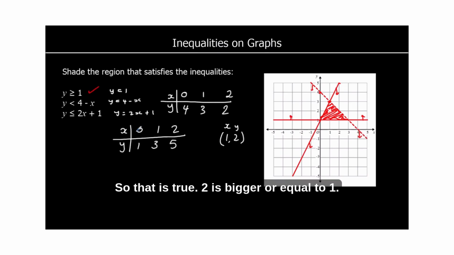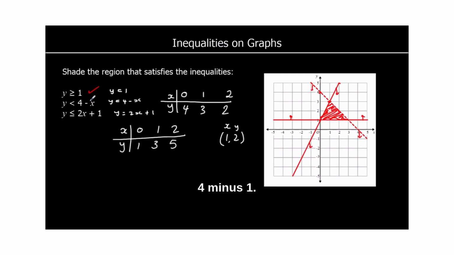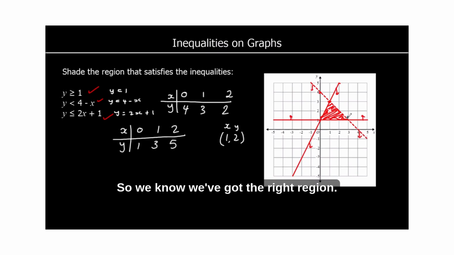The second one, 2 is less than 4 minus 1. 2 is less than 3. So that's true. For the last one, we've got 2 is less than or equal to 2 1s plus 1. So 2 is less than or equal to 3, and that is correct. So that point satisfies all of the inequalities, so we know we've got the right region.